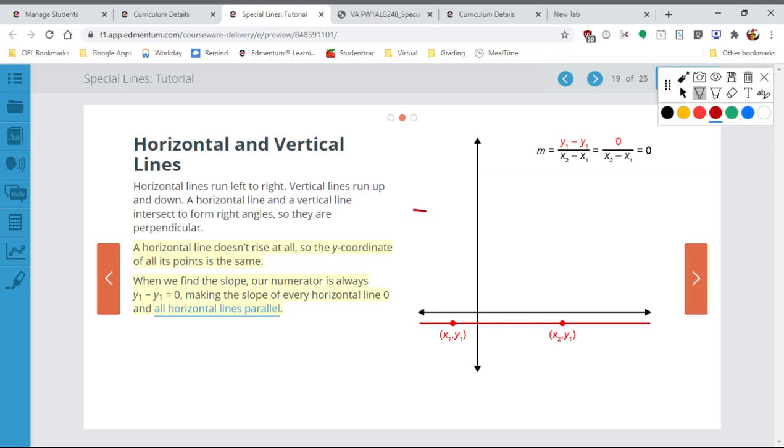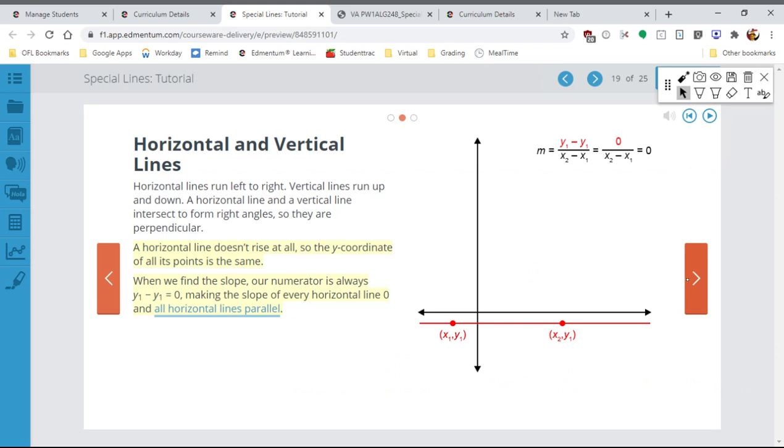Horizontal lines, a lot of people think of it as like, oh, it's like the x-axis, and that makes them think it's x equals something. It's not. There's no change in y. So just think of a horizontal line, no change in y. If there's no change, that means y is always the same. So if y is always the same, then it should be y equals.